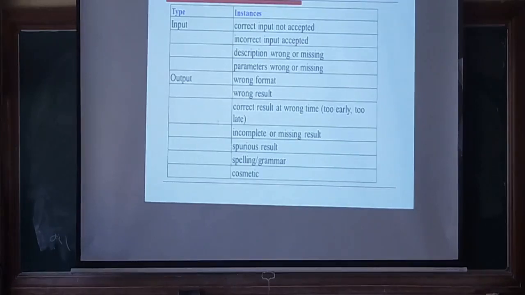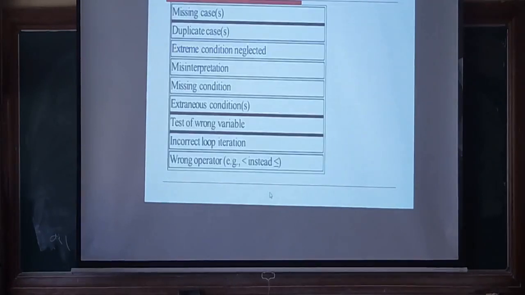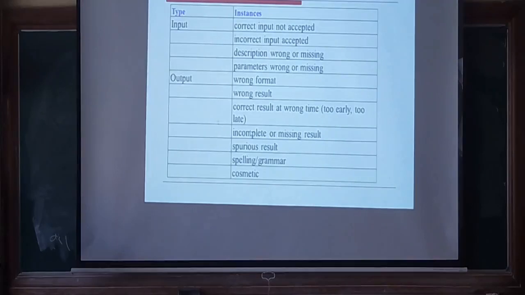where the input means the correct input. These are the instances of the faults, like type is input, the kind of fault, the instance when these input faults may occur. That is, if we don't give a correct input, or if incorrect input is accepted by the system, or description, if wrong description or missing inputs are missing, then also that is another fault.